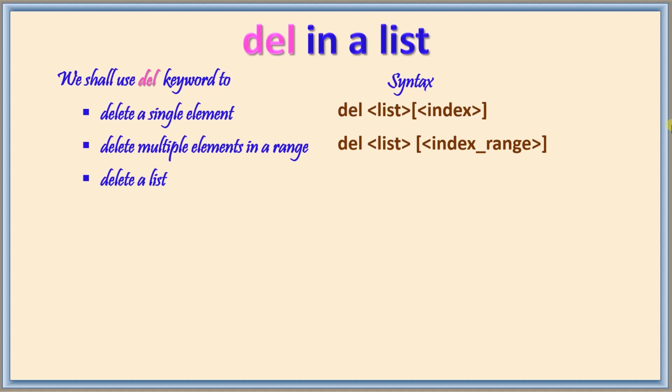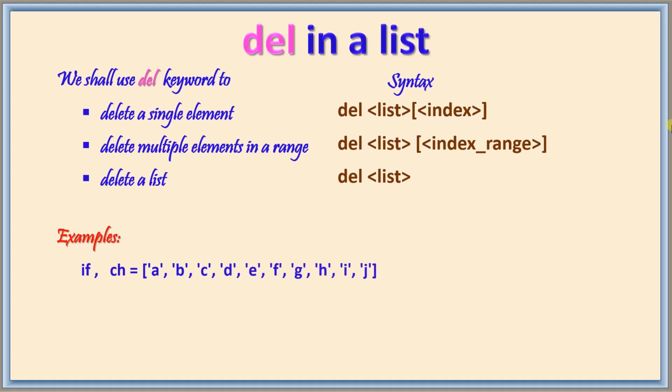If we want to remove the complete list itself, we can give del space name of the list. For example, if ch is the list, if I want to remove one element, del ch[5]. So index 5 will be f, right? That gets removed. So if we see what is ch, now it will be this one.